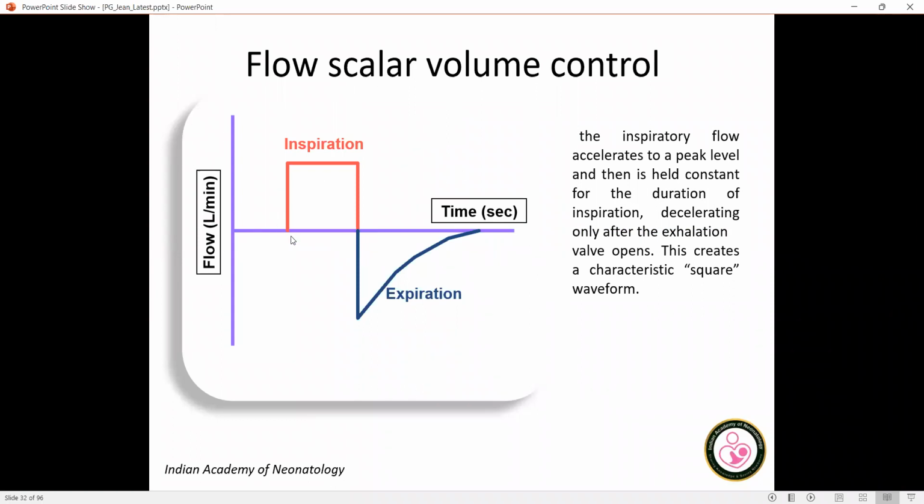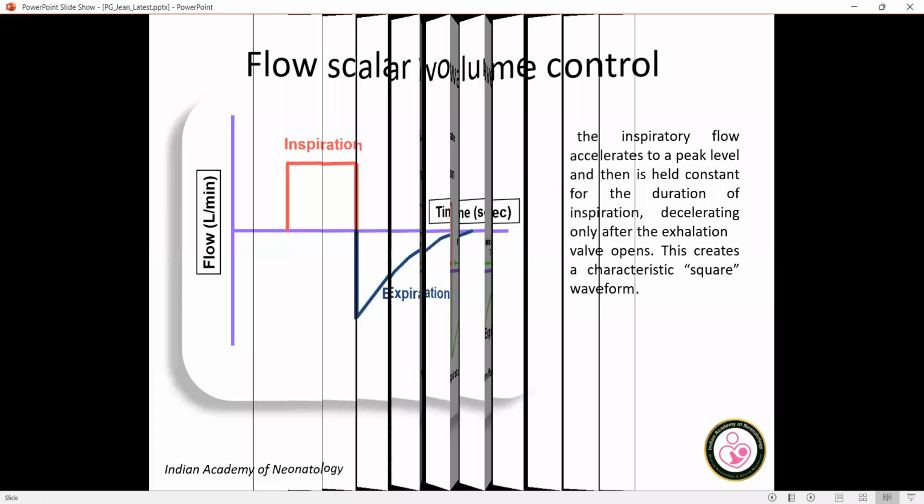Because once the inspiratory flow reaches the peak level, it will be held constant during the entire period of inspiration, and the exhalation valve will be open only at the end of the inspiration, and then the flow will go out. So it will create a square waveform. This is how we can identify volume control or pressure control from the flow waveform.